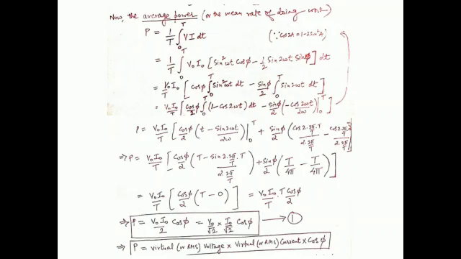So we see that the power is actually equal to the RMS value of the voltage, or the virtual value of the voltage, times the virtual or RMS value of current times cos phi.